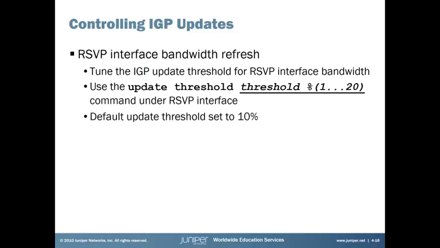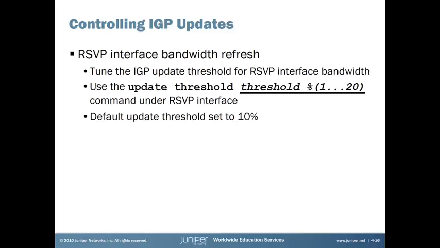If our bandwidth changed by 10%, then we'll do an update. If we just change it by 5%, we're not really worried. If we get a 10% change in our available bandwidth, we'll then need to update that information, and then we'll flood these LSAs. In other words, we don't flood it every single time something changes. It just limits the amount of updates that get thrown around our network.